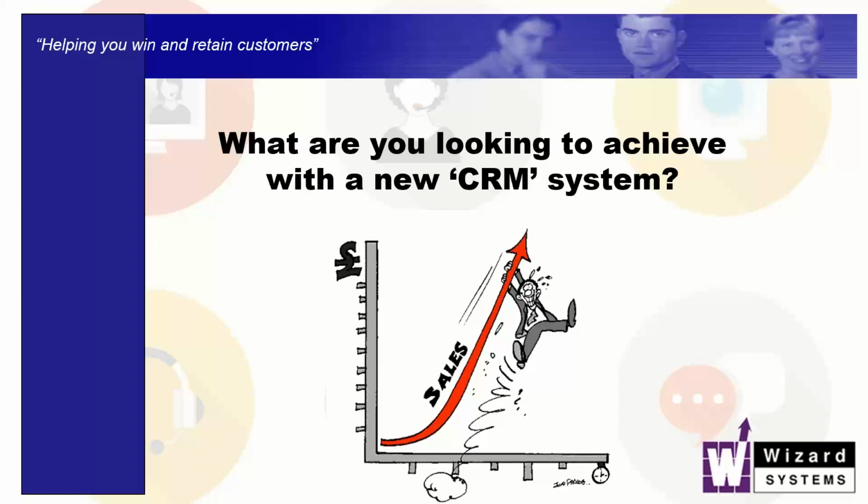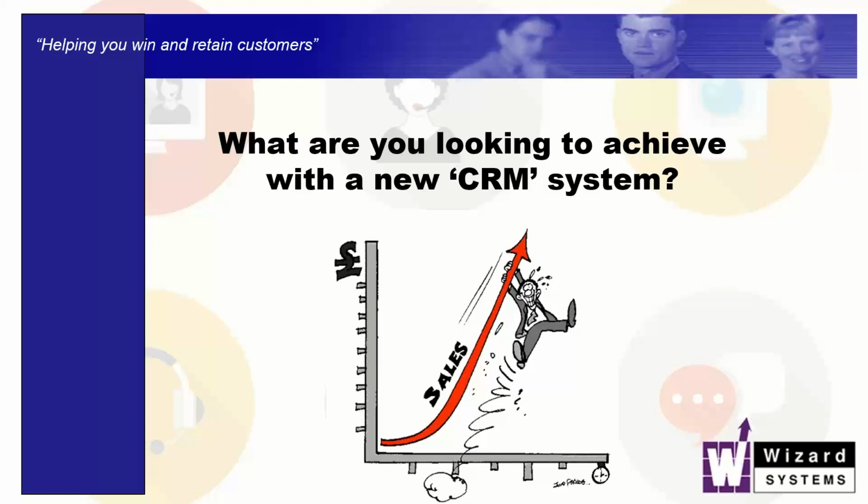Now, when we're working with you, we want to try and find out what are the key issues and objectives you're looking to solve there. Are you a new business just starting up? You realize you desperately need a CRM system to help you with business development, or maybe you're replacing an older legacy CRM system. So there's a need for looking at data migration and the improved functionality going forward.